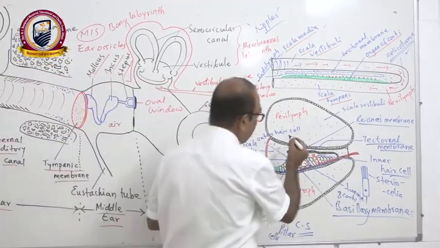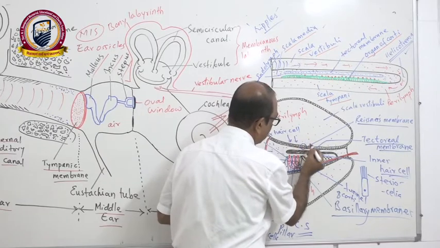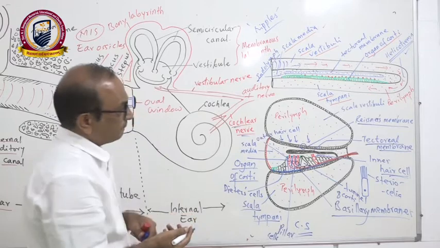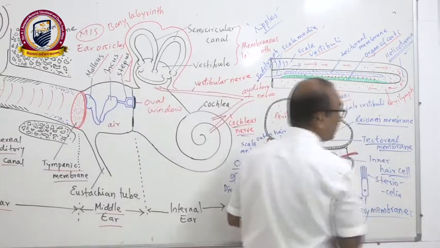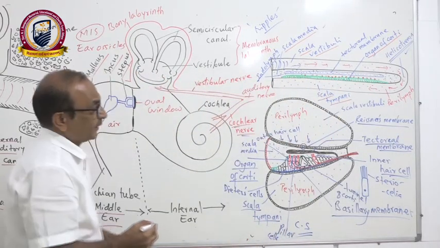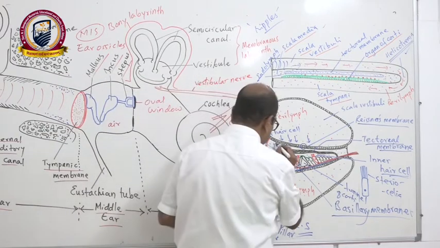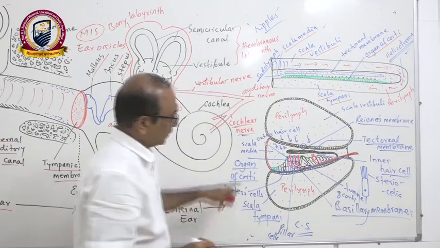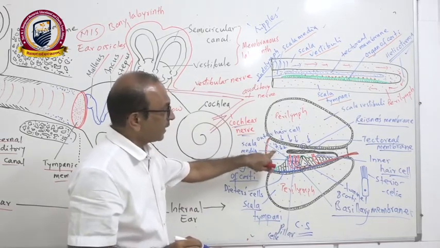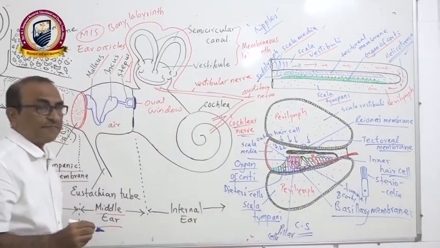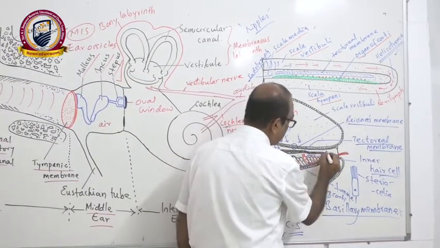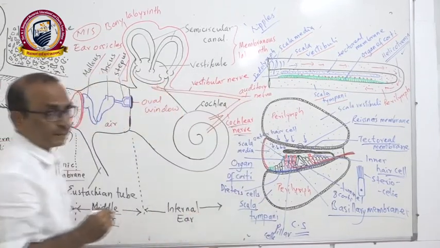And these will put some force on the Reissner's membrane, and that will transfer the same pressure to the scala media, where the liquid endolymph will be putting pressure onto the tectorial membrane.